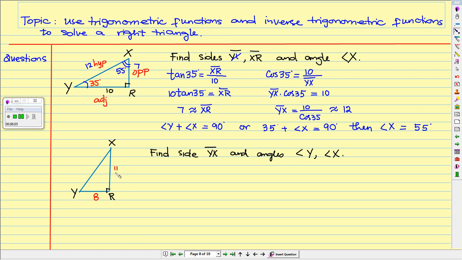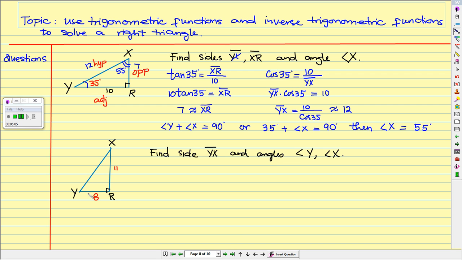In this example, given the triangle YRX, it is a right triangle. Given the side lengths of the two legs and one right angle, we want you to find the missing side length, which is YX, and the two missing angles.